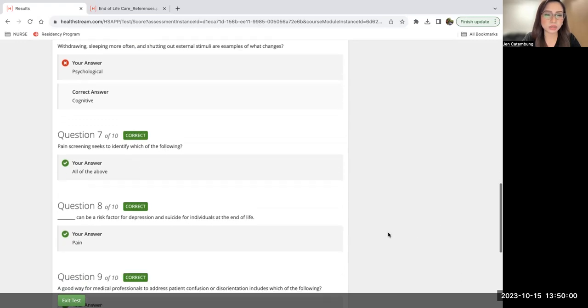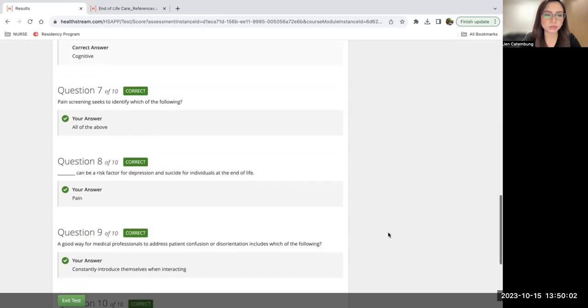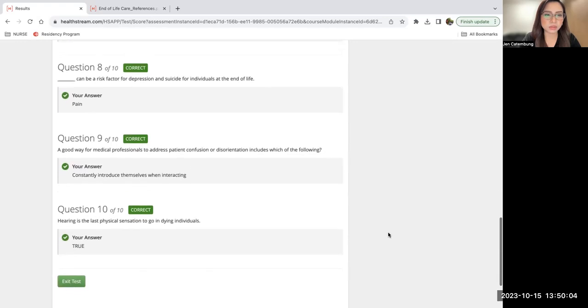Pain screening seeks to identify all of the above. Pain can be a risk factor for depression and suicide. A good way for medical professionals to address confusion or disorientation is to constantly introduce themselves when interacting. Hearing is the last physical sensation to go in dying individuals. True.